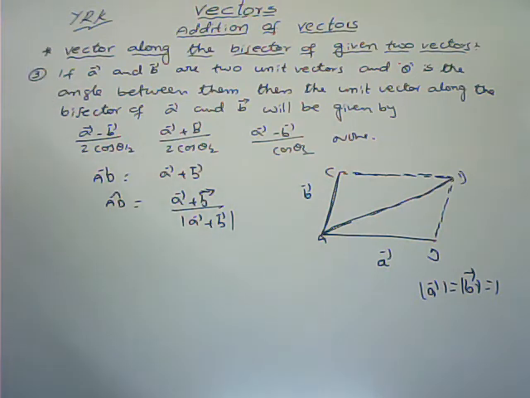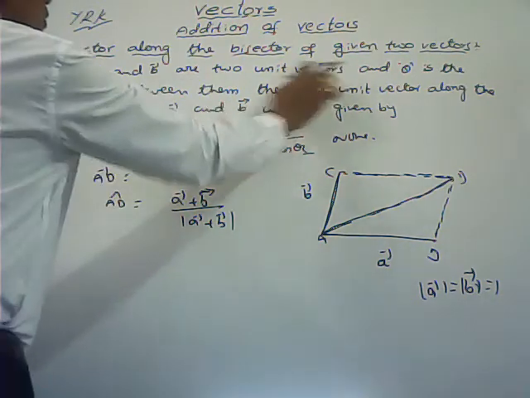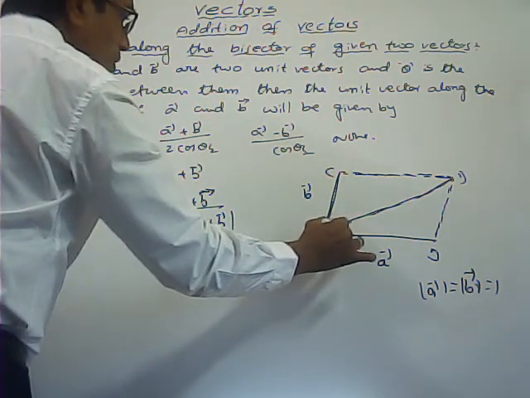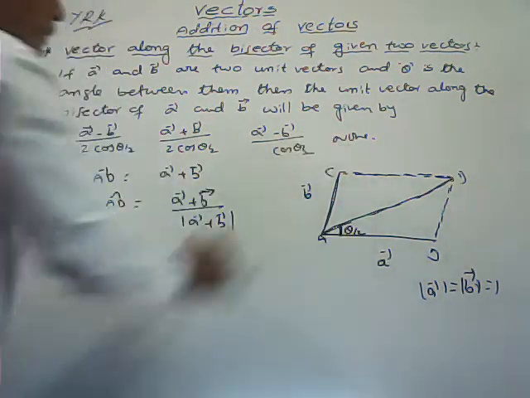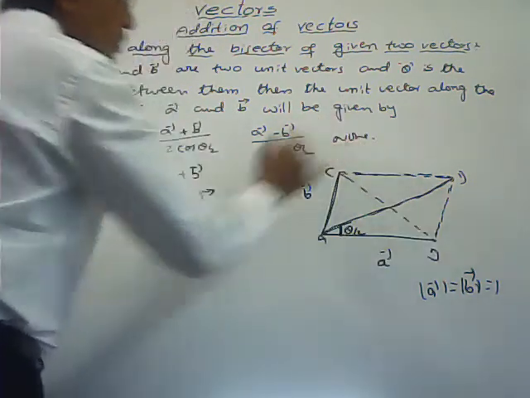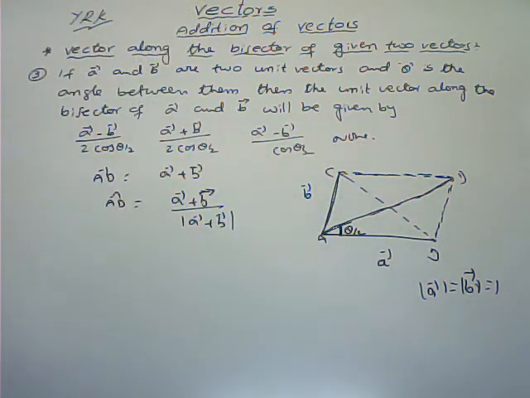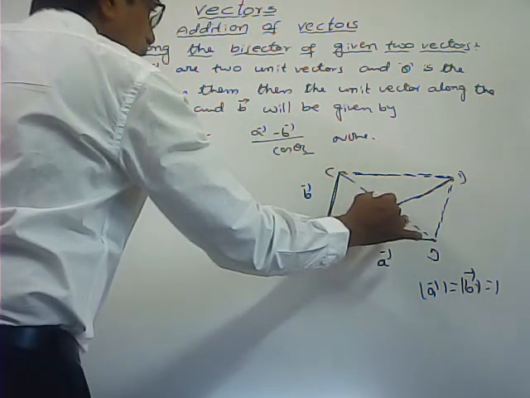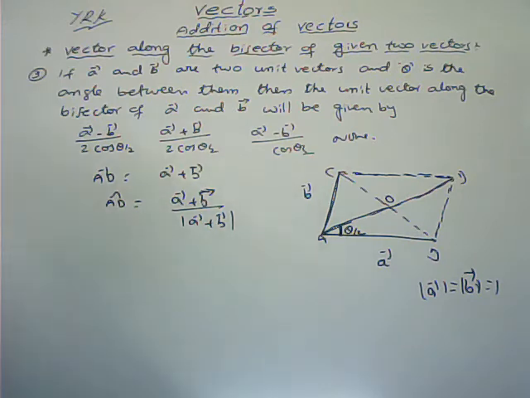And one more thing also given, the angle between both the A bar and B bar, that is theta, and this is the angular bisector. So this one we say theta by 2. And here I am taking one more diagonal also. So both the diagonals perpendicularly bisect each other. Point of intersection I am taking O. O is the midpoint.